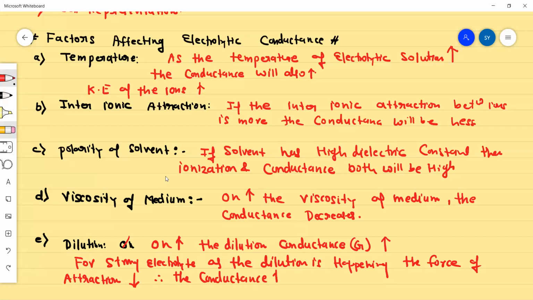When you talk about a weak electrolyte, the dissociation also increases, therefore the conductance increases. So for both, whether strong or weak electrolyte, the conductance increases. These are the five factors which play a very important role in deciding the conductance.